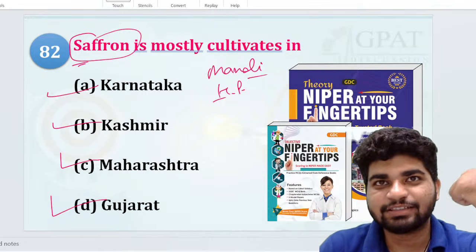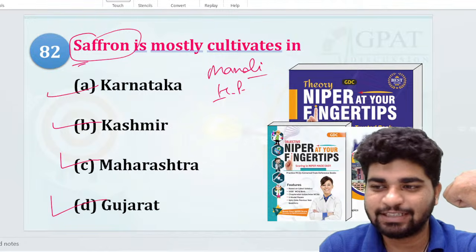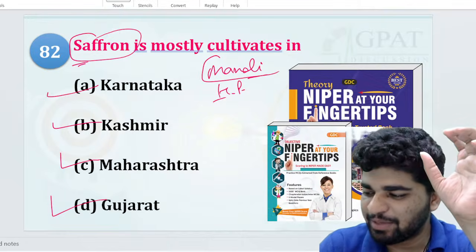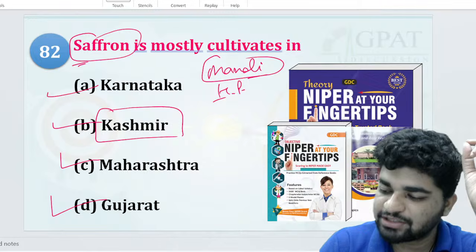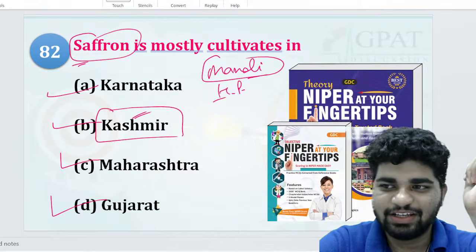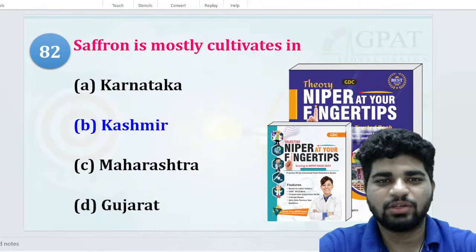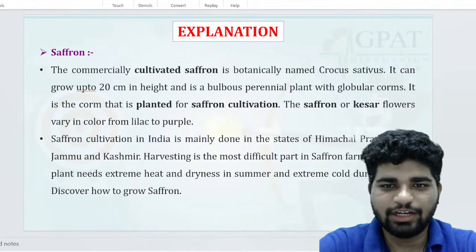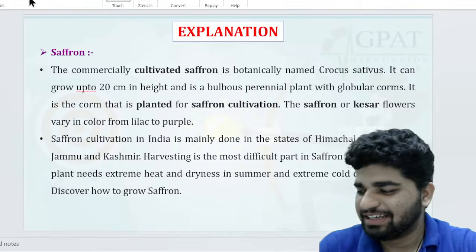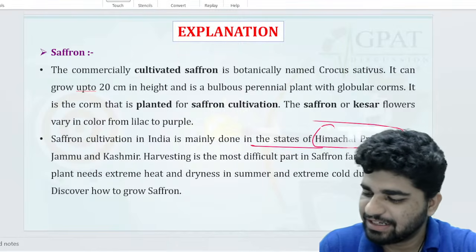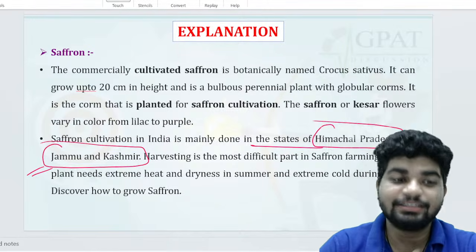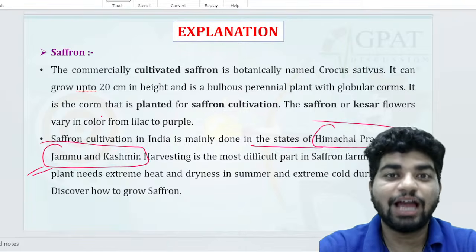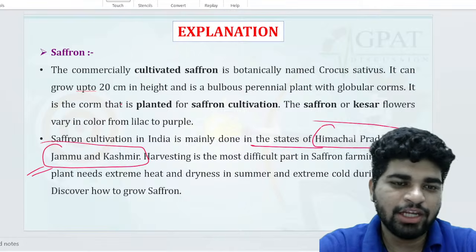Every vendor used to come: Kesar loge sir? That's your saffron. It is sold in Manali, and it is very much cultivated in Kashmir as well. So Kashmir is going to be your correct answer. Himachal Pradesh and Jammu and Kashmir. See how knowledgeable I am about these things. When you travel a lot, you learn many things, right?